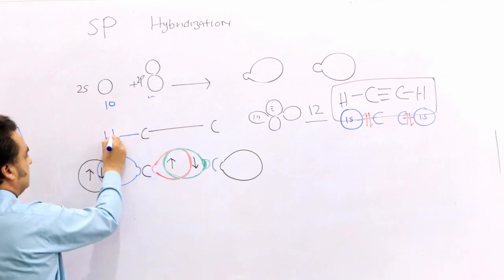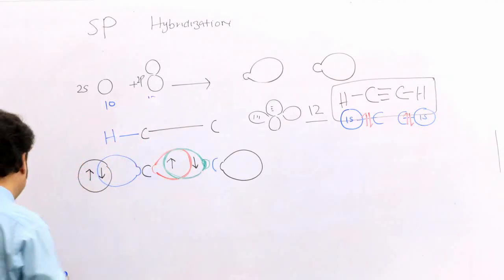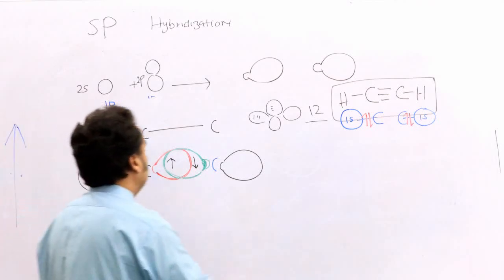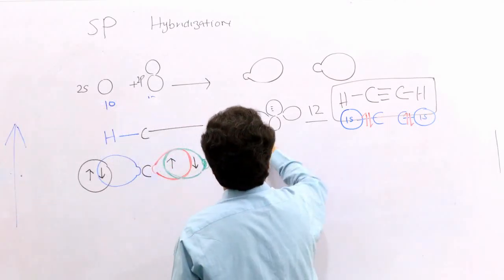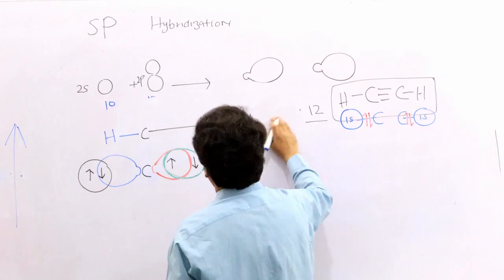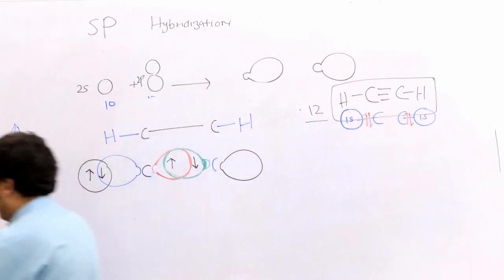It is a CH bond with an sp hybridized orbital. Now the other one, I tried it again, a CH bond with an sp hybridized orbital.